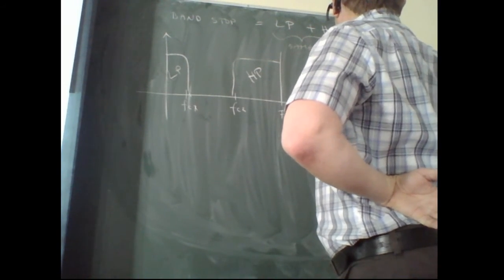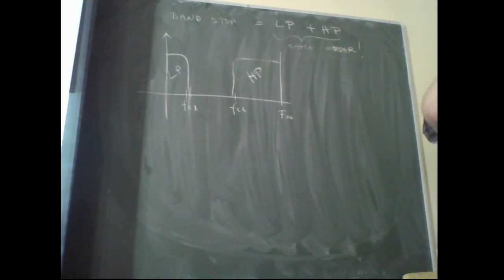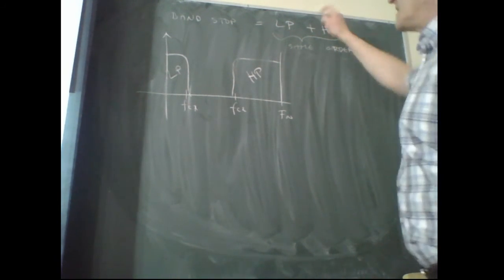Same order filters. If they are different, then you need to basically just add those parts which are overlapping. Okay, that makes it easy.